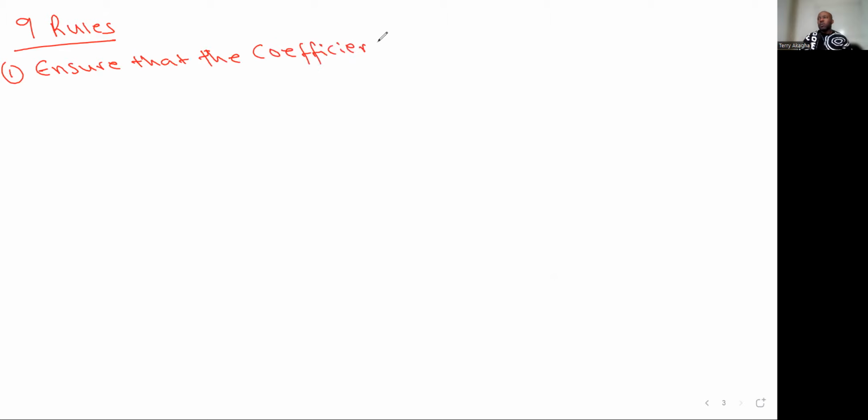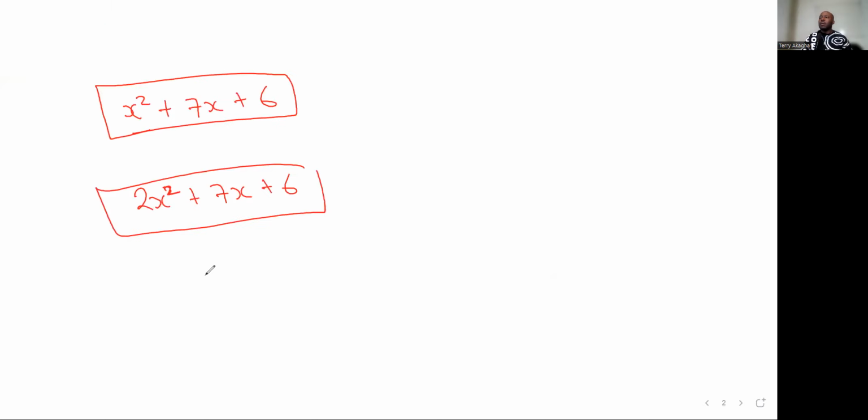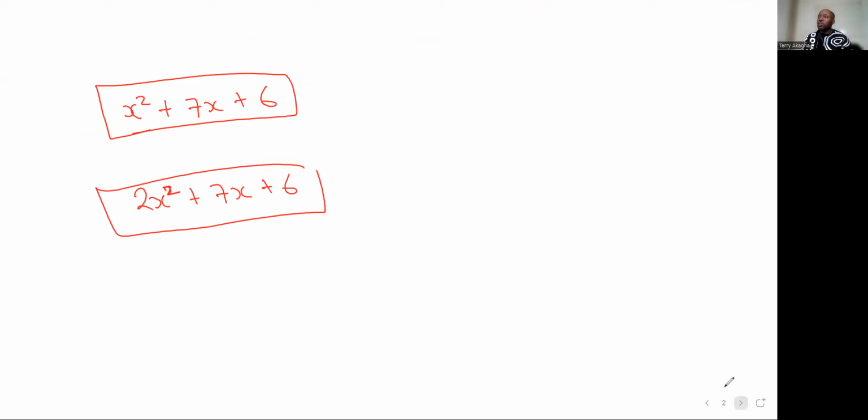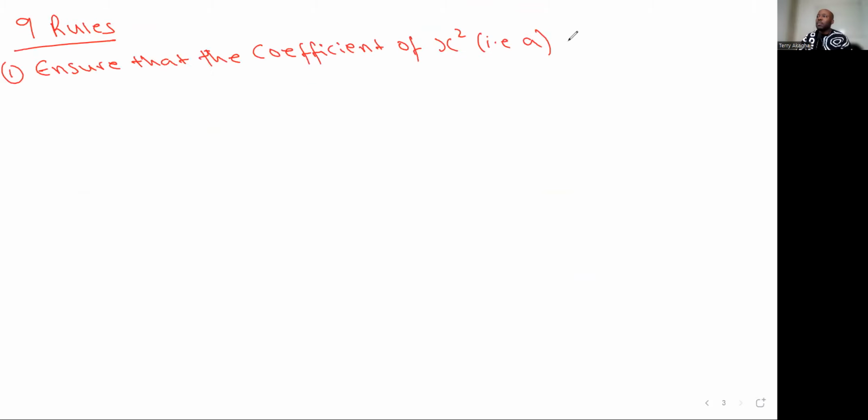When I say coefficient of x squared, I mean a. Remember, it's in the form ax squared plus bx plus c, so the a here must not be equal to 1. It can be any other number except 1.